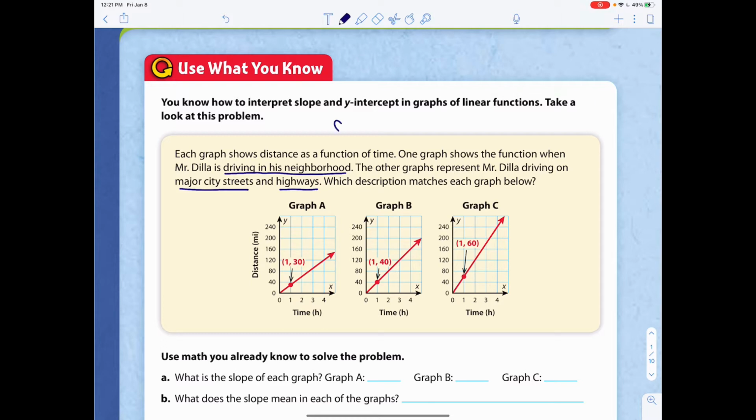So the slowest speed should be driving in the neighborhood. The highest speed would be the highways.